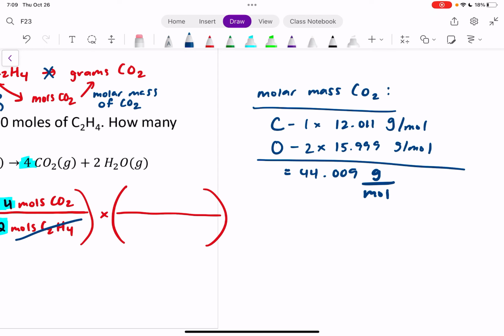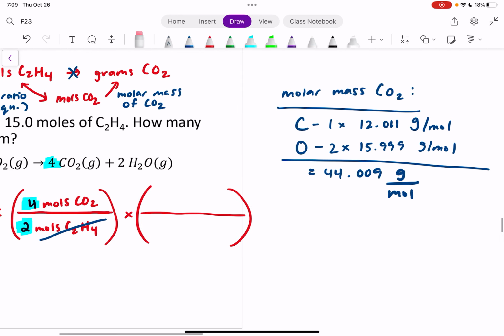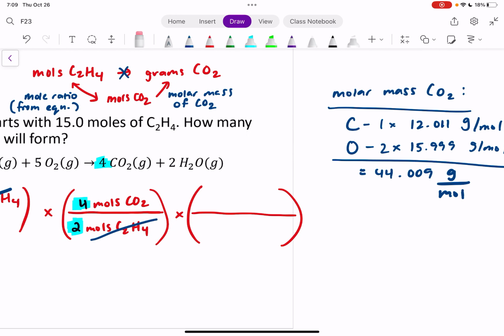So now we can create our conversion factor here, where we have what on top and what on the bottom. Well, we want to end up in grams of CO2. That's our goal. So I'm going to put grams of CO2 on top. And then on the bottom, we're going to have moles of CO2. Now, we've got to figure out how many of each of these things.